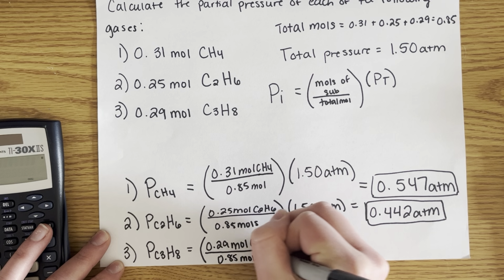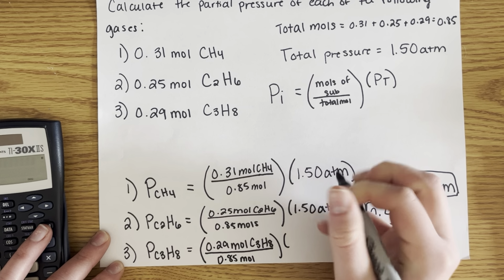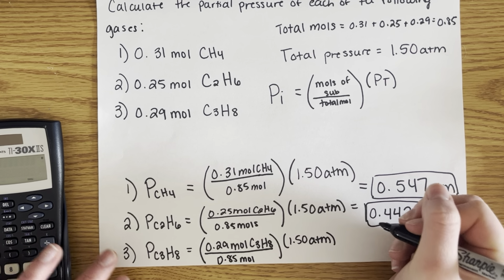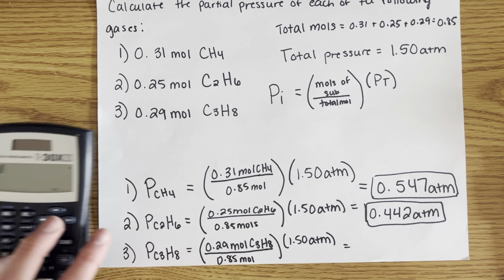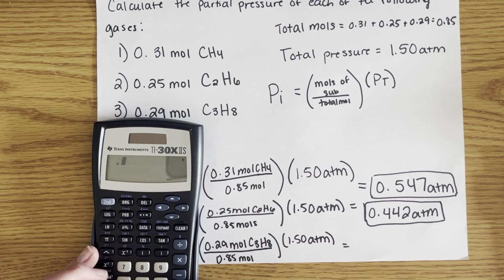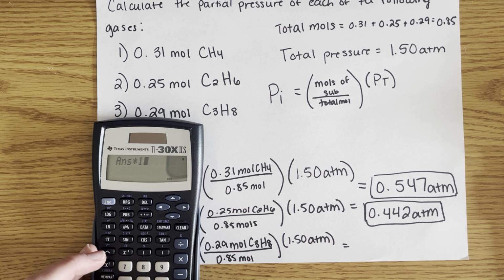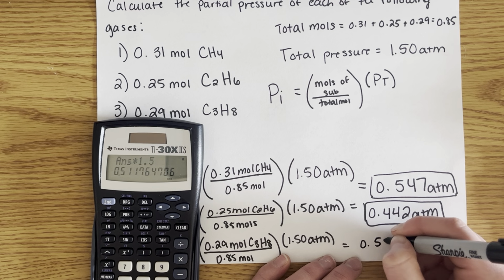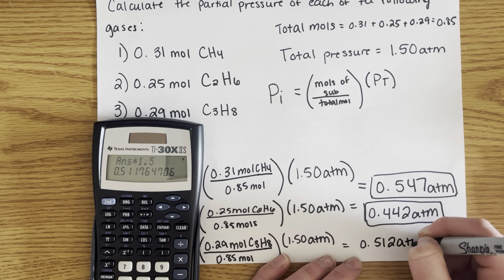We calculated that, times the total pressure, which is given to us as 1.5 atm. Plug those numbers in. 0.29 divided by 0.85 times 1.5. So 0.512 atm.